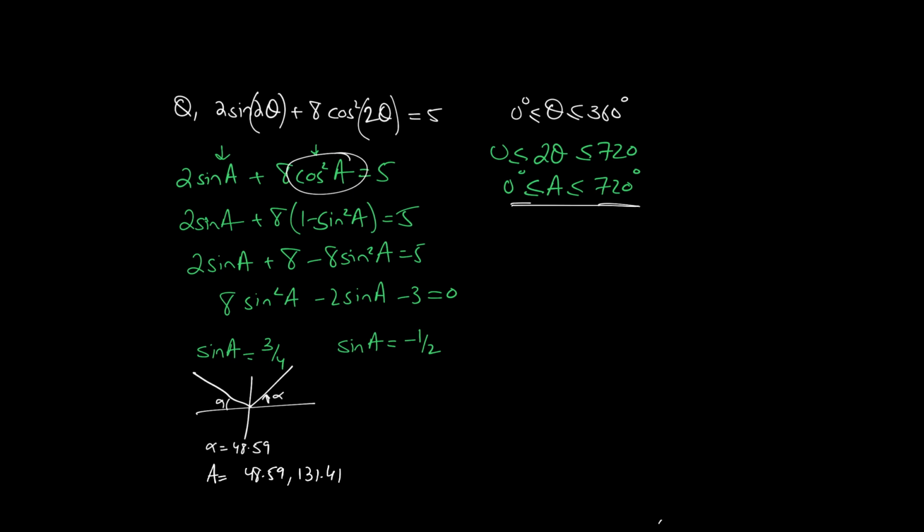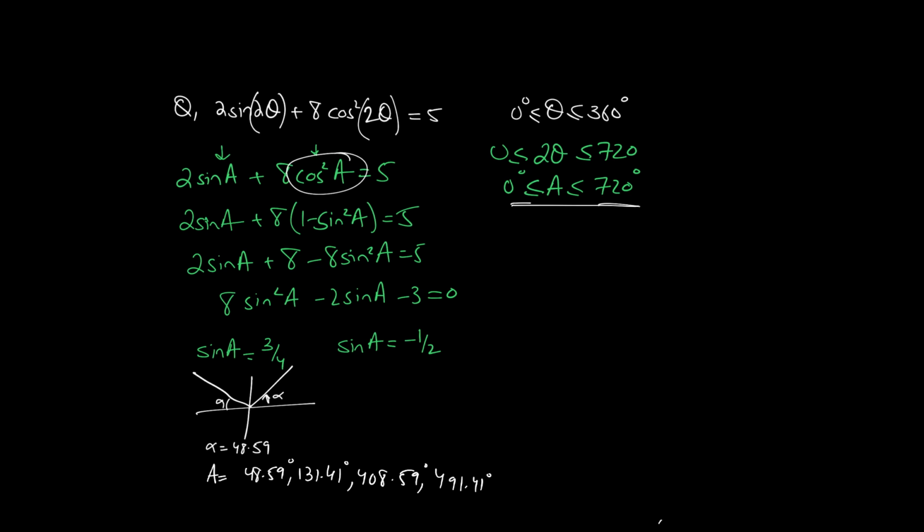So 48.59 plus 360 gives you 408.59 degrees, and you add 360 to 131.41 and you get 491.41 degrees. These are all four angles for a.